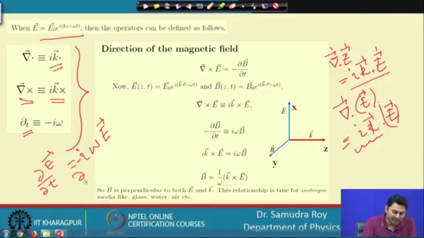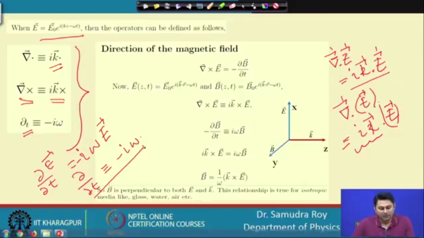So, that means the del t operation is equivalent to multiplication by minus i omega. That is as simple as that. So, after having the knowledge of these operations in terms of k and omega, we are going to use that.